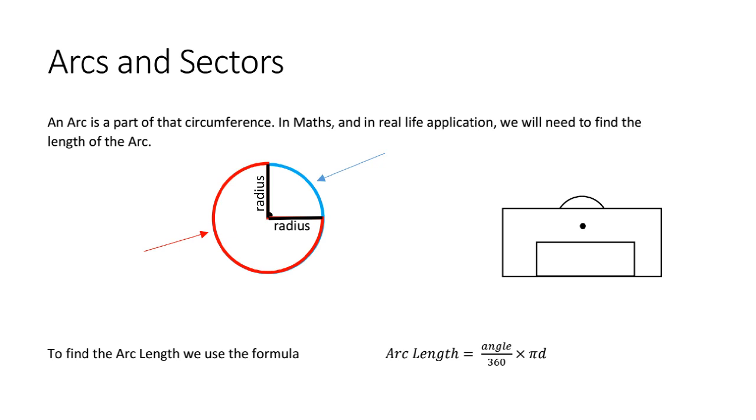We've got specific names for them. For the smaller blue line, we would call that the minor arc. And for the larger red line, you've probably guessed it, we call that the major arc.